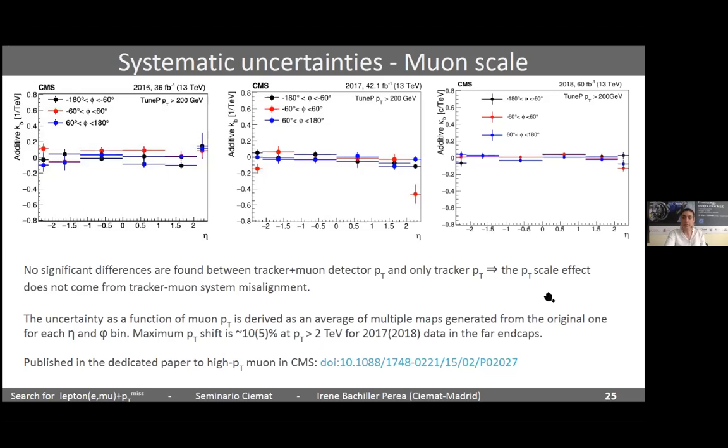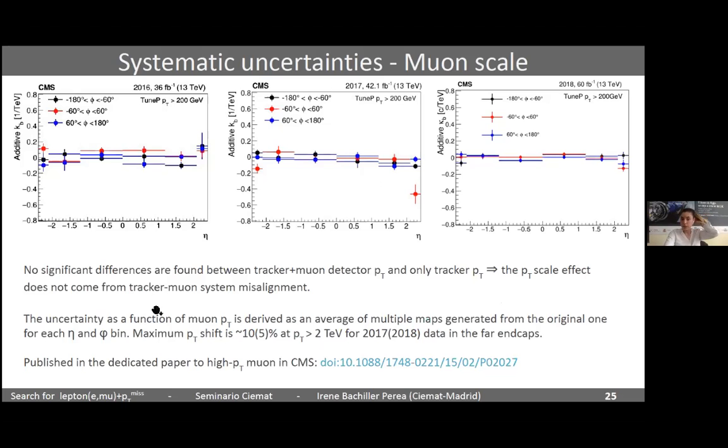Then the PT scale effect, this small effect, comes at least from the misalignment between the tracker and the muon chambers. Then the uncertainty is derived as a function of the muon PT from an average of multiple maps generated from the original eta and phi bins.